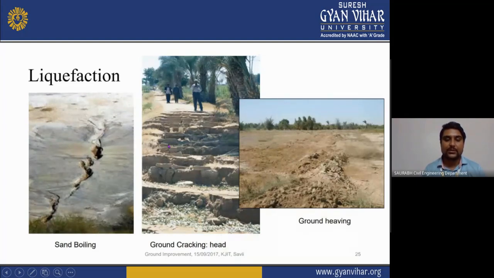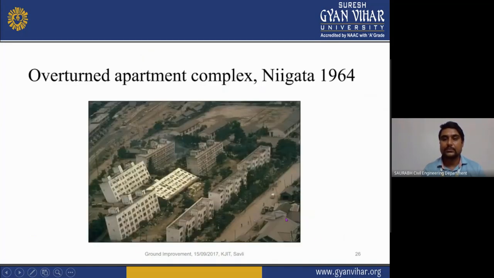Now come to liquefaction. As you can see here, there is liquefaction with sand boiling, ground cracking, and ground heaving. This is an apartment overturned and collapsed due to liquefaction of soil.